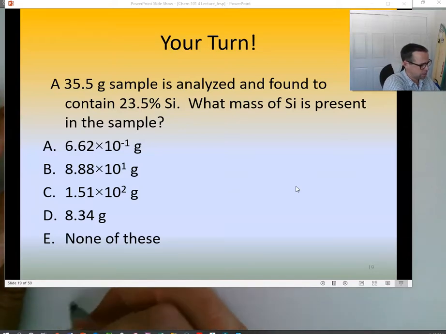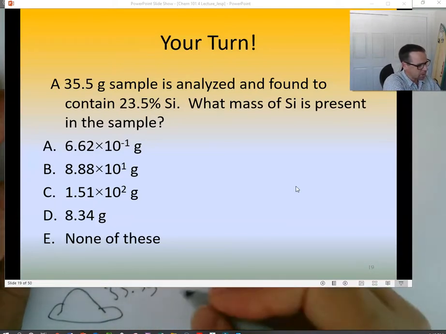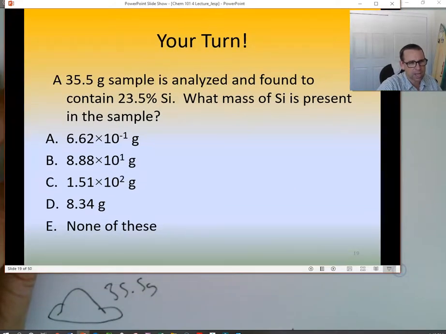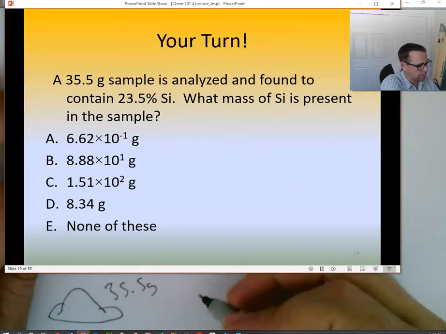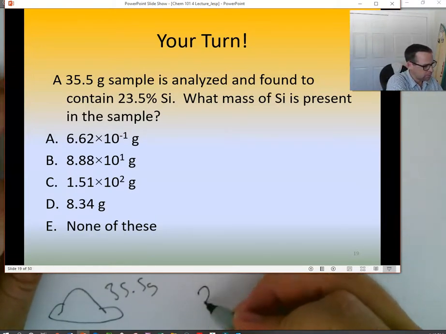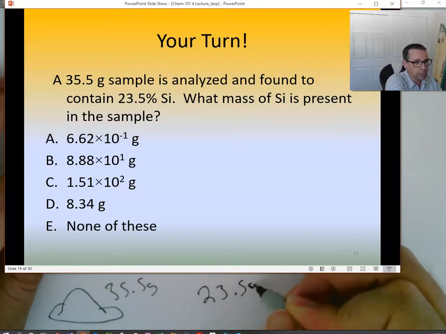So here's a pile of some sample of material, a total of 35.5 grams, and we're trying to find out how many grams of that 35.5 is silicon if we're told that it's 23.5% silicon.